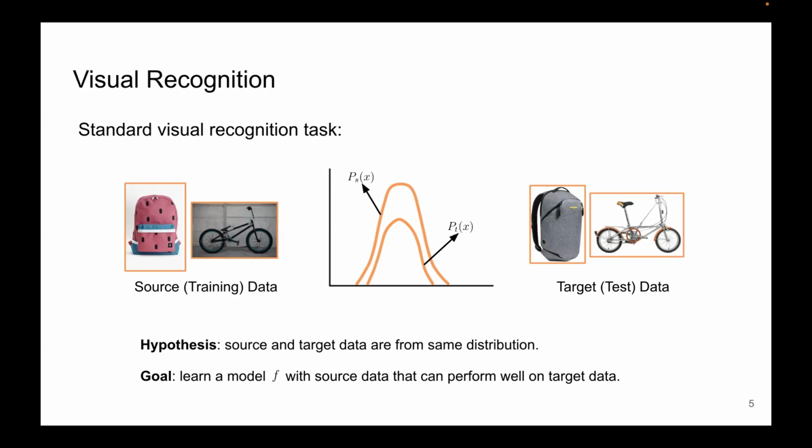As you can tell from this figure, we have the distribution of the source domain, P_S(X). X here refers to the images. And you can see the other distribution is P_T(X). T refers to target data or test data. And those two distributions are very similar.